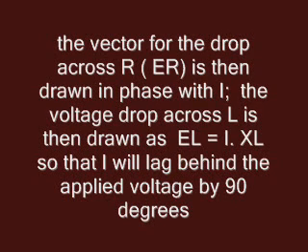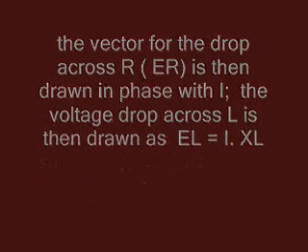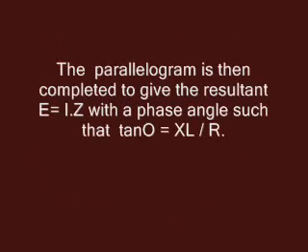The voltage drop across L is then drawn as EL, which is equal to I into XL, so that I will lag behind the applied voltage by 90 degrees. The parallelogram is then completed to give the resultant E, which is equal to I into Z with a phase angle such that tan theta is equal to XL by R.